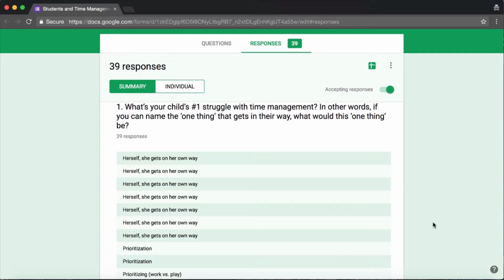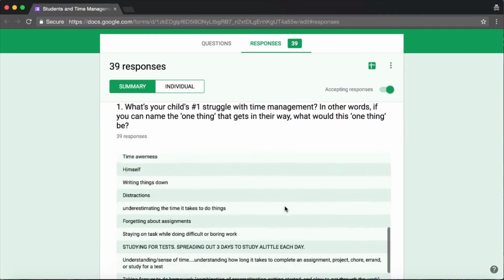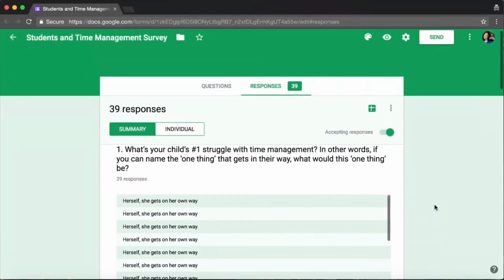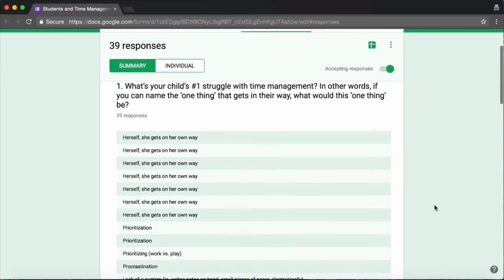So what's your child's number one struggle with time management, right? Well, there was someone apparently here who somehow managed to answer 7 times, and you'll see that throughout. But otherwise, we pretty much got 32 responses here. So what you really want to do when you're looking at these questions, okay, is find patterns.